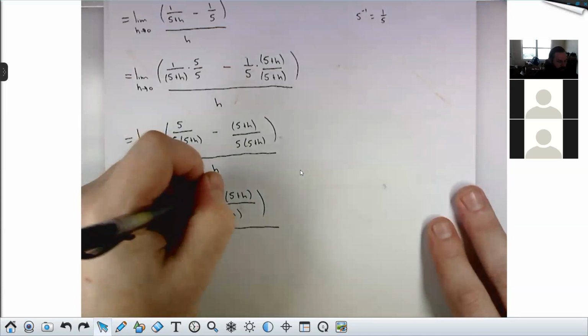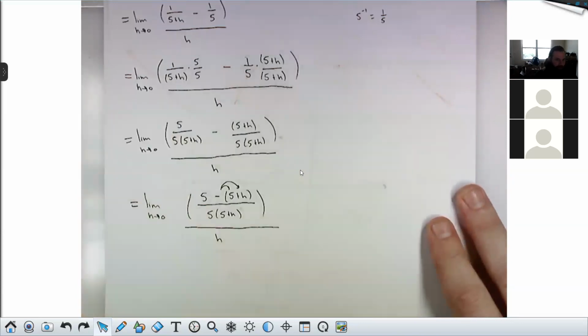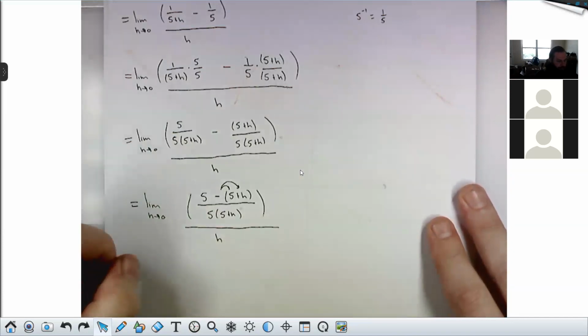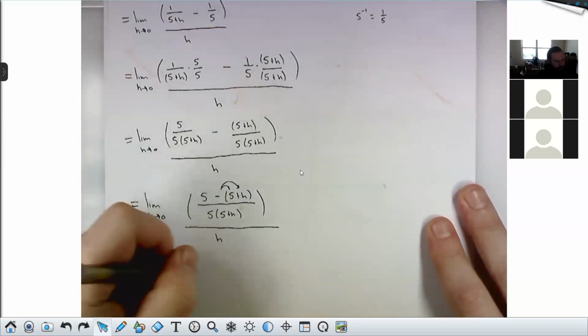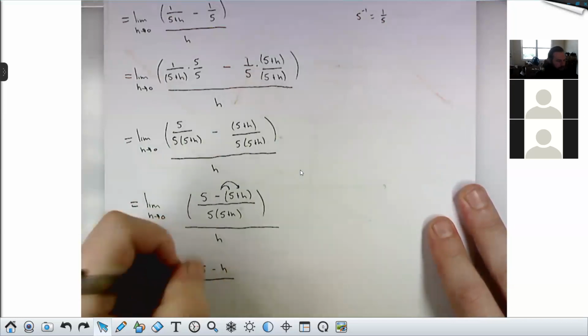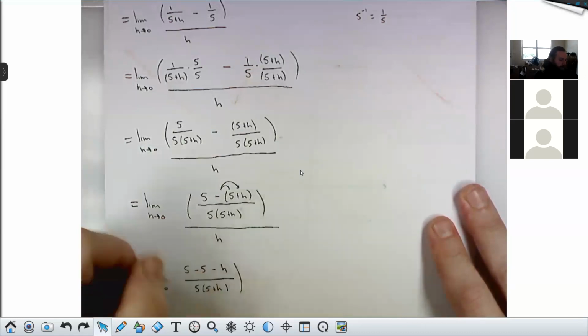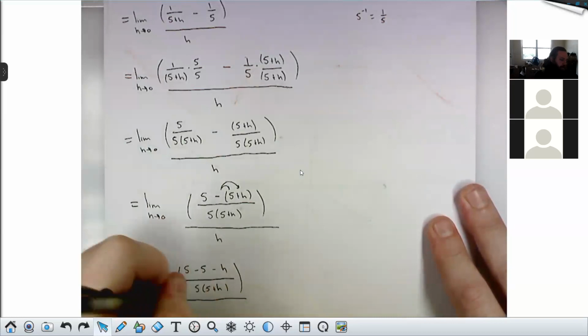Now I distribute this negative. And I'll get the limit as h goes to 0 of 5 minus 5 minus h over 5 times (5 + h), all divided by h.